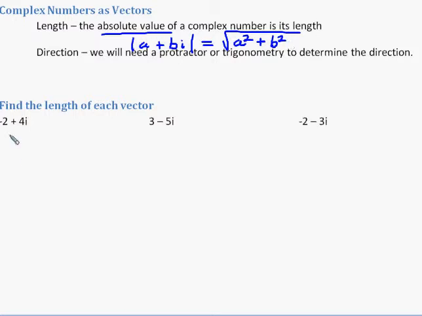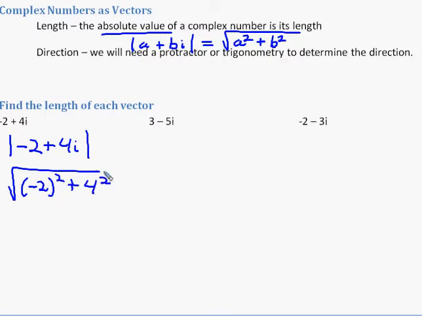So really, to find the length, we're going to take the absolute value of negative 2 plus 4i, which we learned is really just the square root of a squared plus b squared. This is the square root of 4 plus 16, which is the square root of 20.